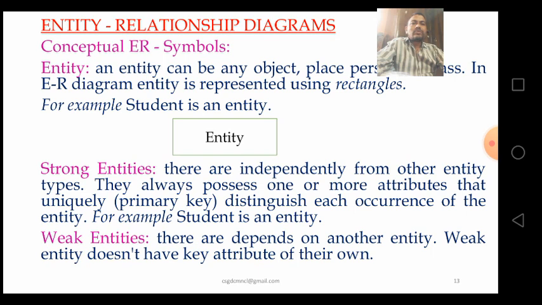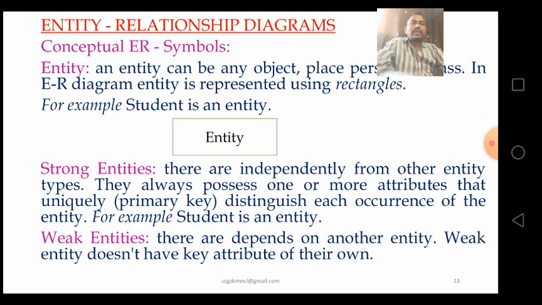For example, student is an entity. That means it does not depend on another entity, so it is called a strong entity. Student is an example of a strong entity.